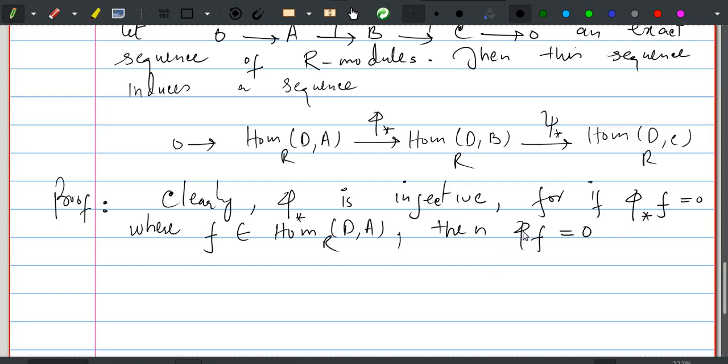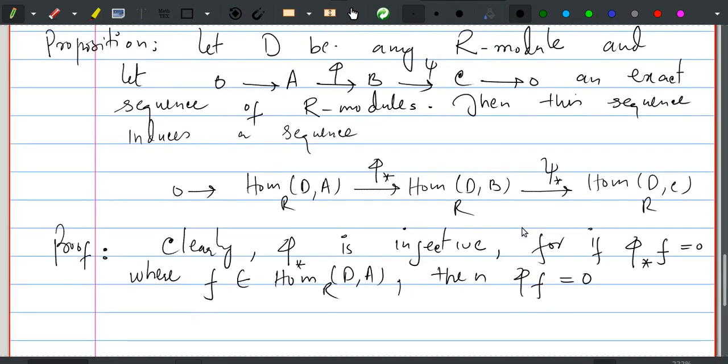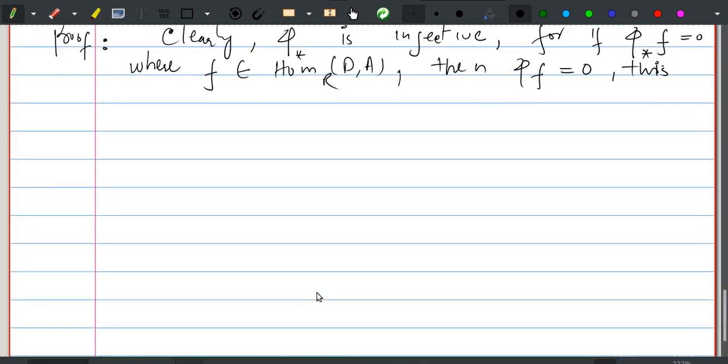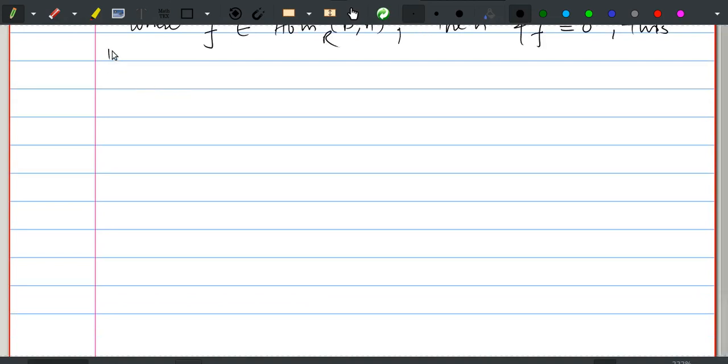Now phi is this map here from A to B, and since 0 is going in, that means phi is injective. Now if phi is injective, then phi of x equal to 0 implies x is equal to 0 because phi is injective. Similarly, phi of f equal to 0 means f is 0 because phi is injective. So this implies f is 0.